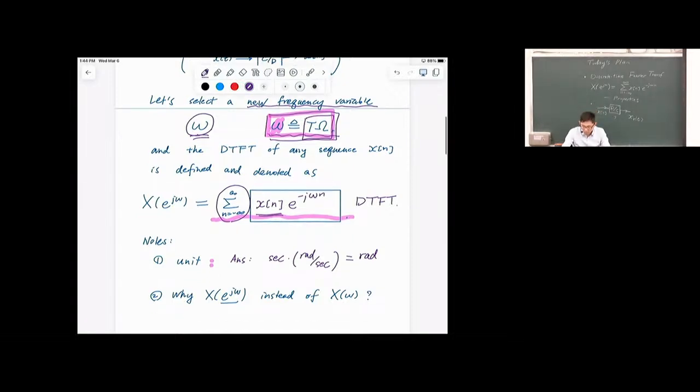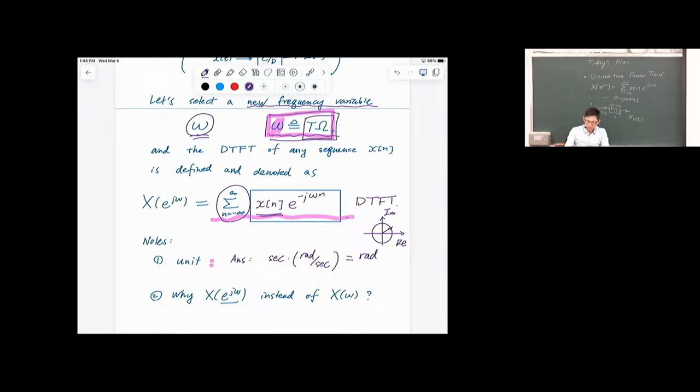Later in this class, we will repeatedly talk about the unit circle, and it will be clearer. We will often draw a circle and treat omega as an angle. Omega really is an angle. Later we'll see that in the z domain, omega is equivalent to any angle on the unit circle.